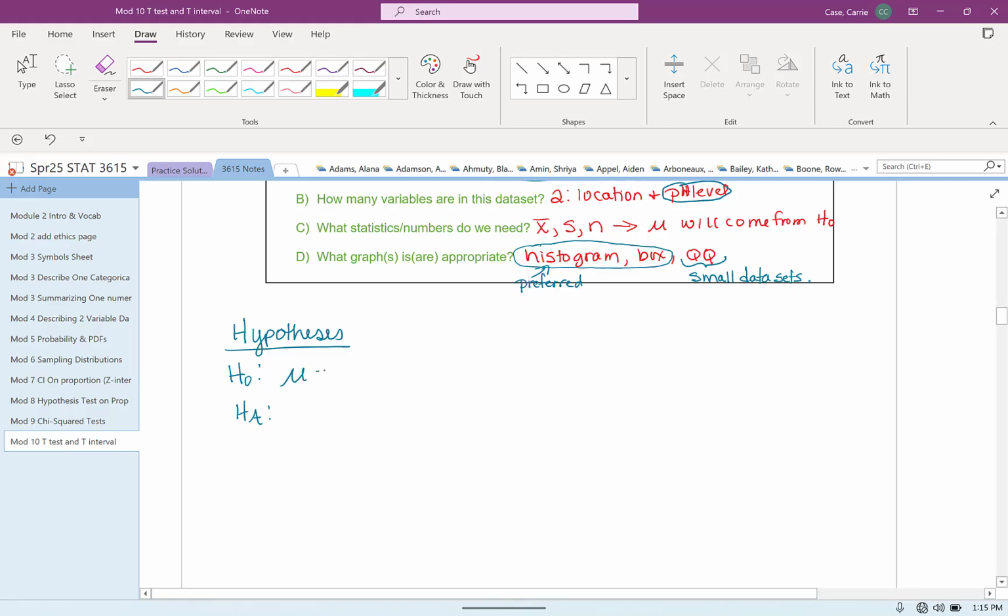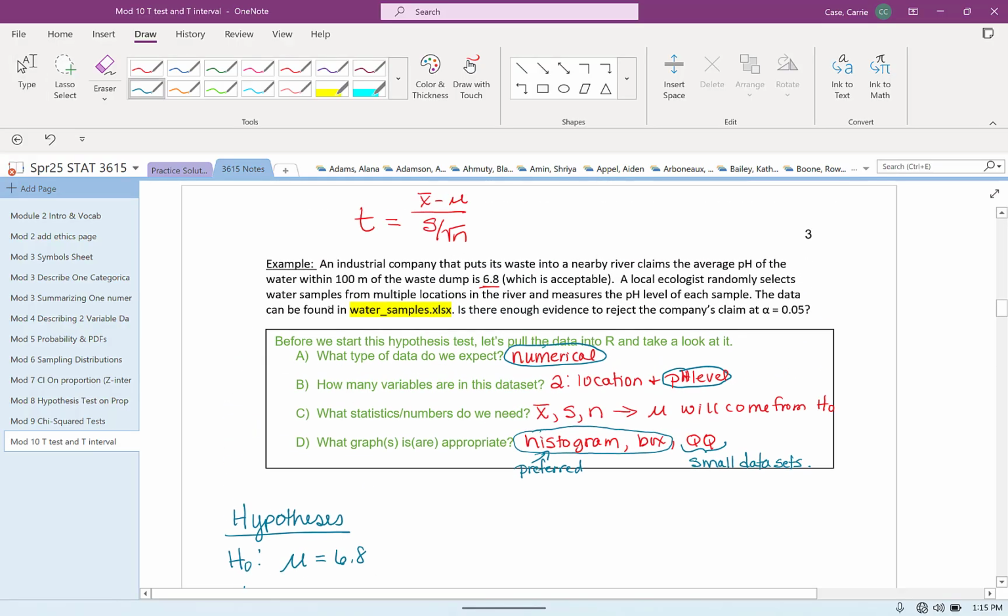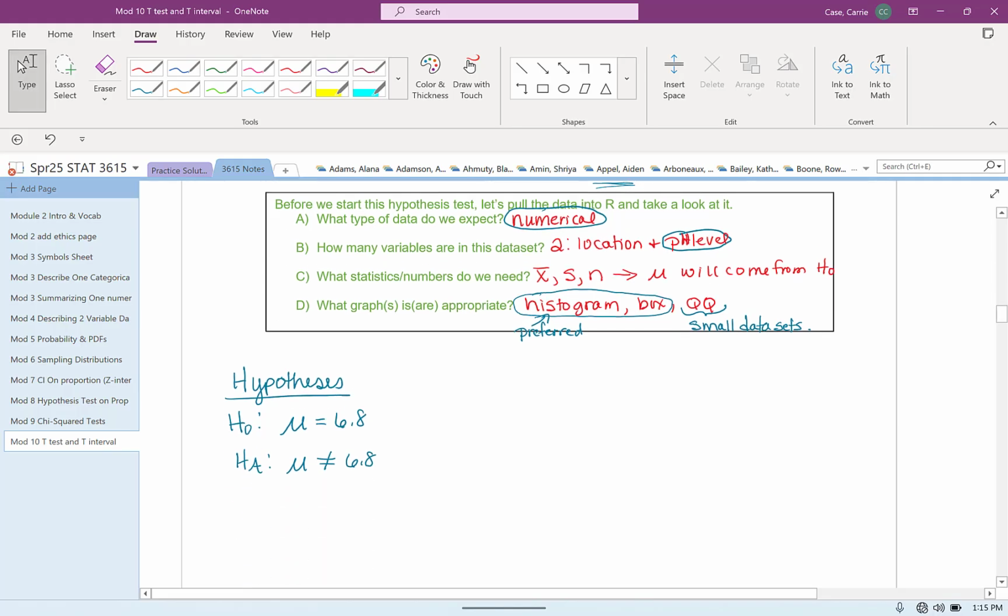So the mean mu is supposed to be 6.8. And if the pH level is too high or too low, that's a problem. So we're testing that the mean is not equal to 6.8. Our problem doesn't actually tell us that. All it tells us is is there enough evidence to reject the company's claim that it is 6.8. Well, the opposite of 6.8 is not equal to 6.8.